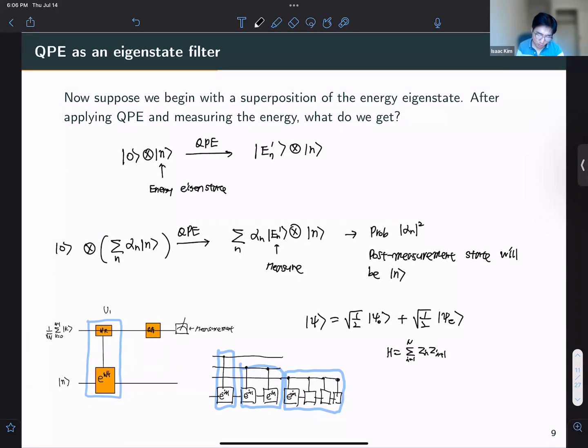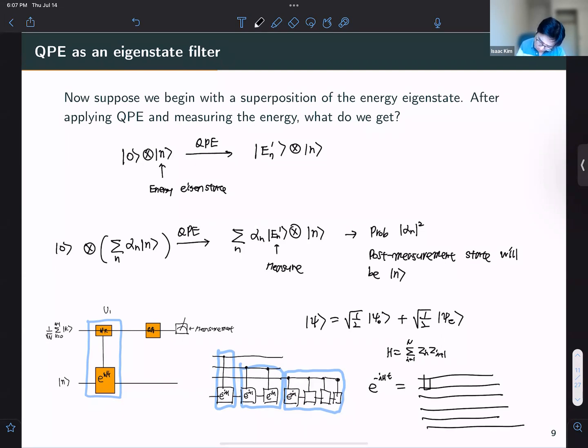Let's say a 1D Ising model, then e to the minus iHt will be these little blocks, which are individual gates, and this is basically e to the minus i c1 c2 t, and this would be e to the minus i c2 c3 t.